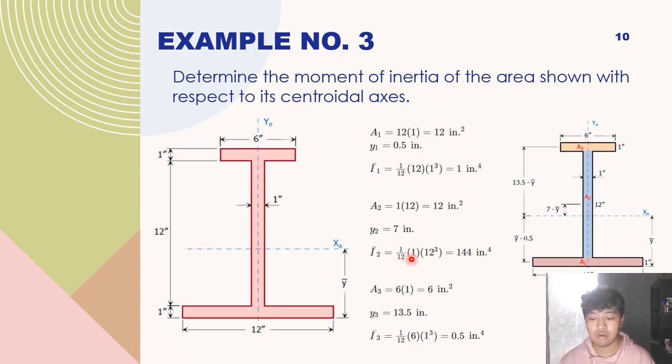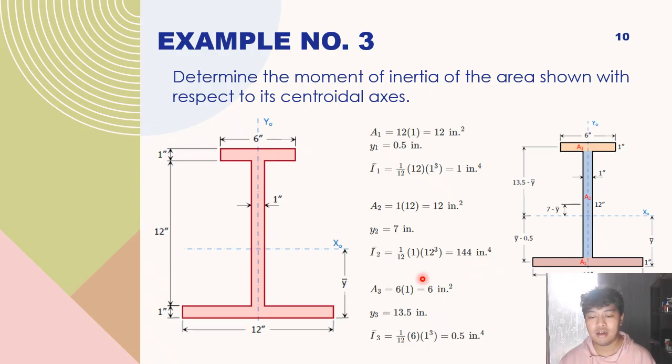Since our base is 1 inch and our height is 12 inches, we have base 1 times height 12 to the power of 3 divided by 12. Computing all that, we will have 144 inches to the power of 4. So that is our moment of inertia for the second shape.